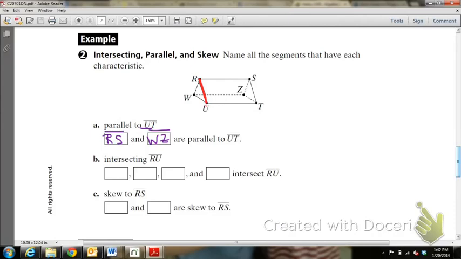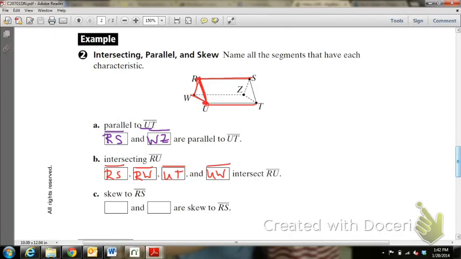So at R, RS is going to touch it. RW is going to touch it. And at point U, UT touches it. And UW. There's a lot of options for intersecting. It just has to intersect or touch one of these corners.